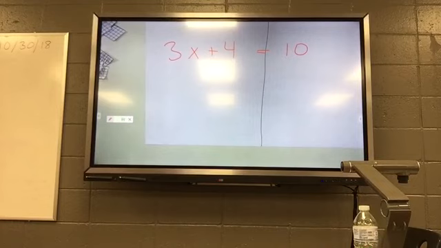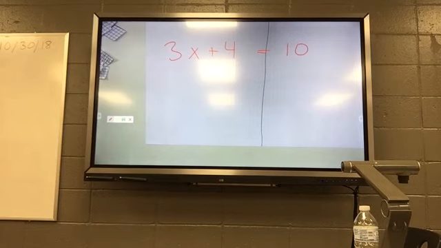So you add 4 to this side to cancel these out, and then you add 4 to this side to cancel these out. Bring this back, and then you divide it by 2, and x equals negative 1. Good. Go ahead and do the problem up on the board. The 3x plus 4. Do it when you come over here.